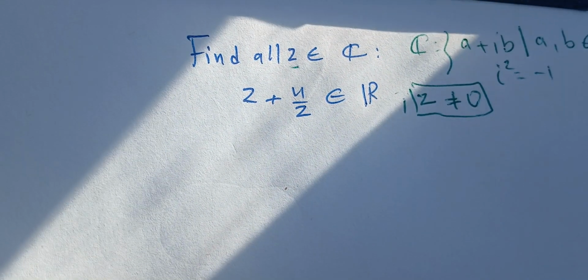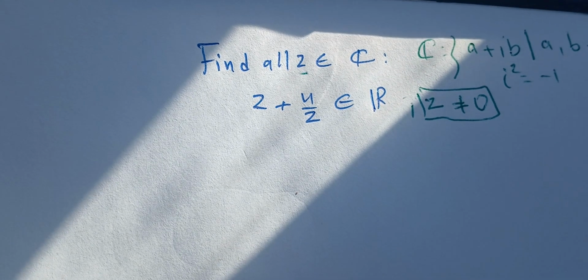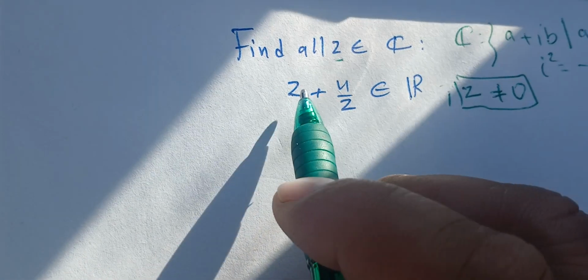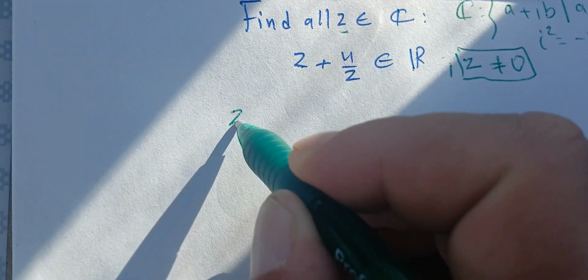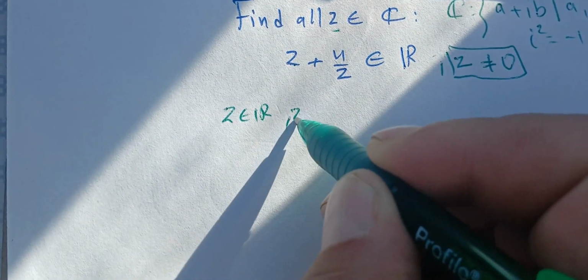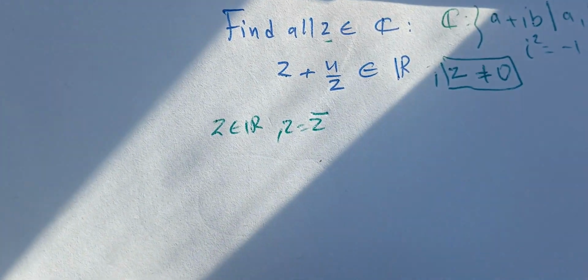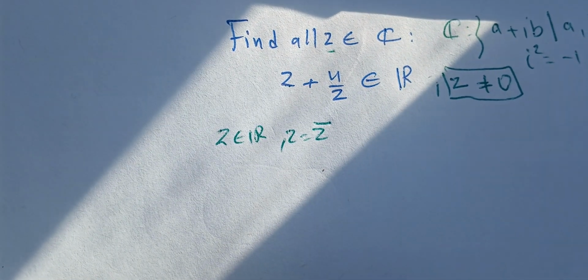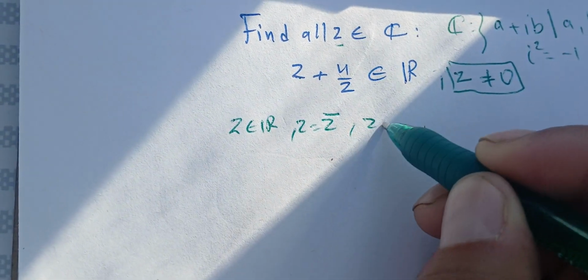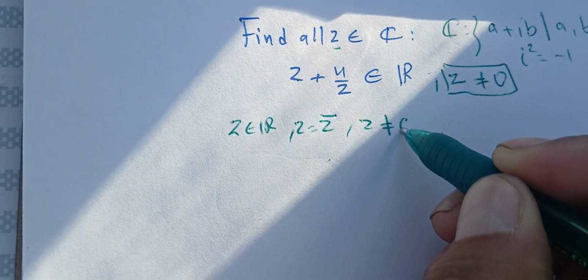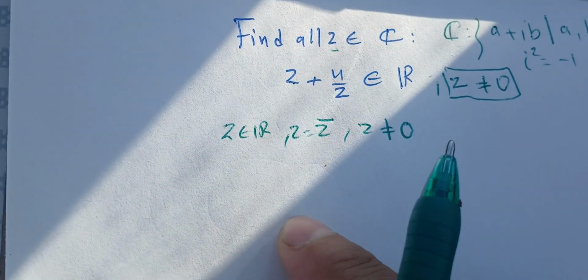The second remark is that if z is real, that means z is the same as z bar, the conjugate. In this case, we must have z different from 0, the real 0.